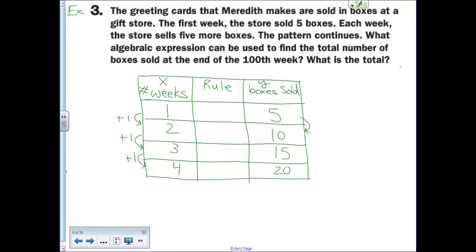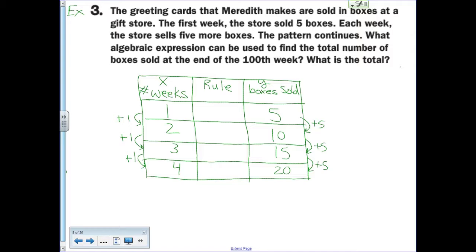The Y column, they're going up by a different amount. Well, since they're selling 5 boxes each week, it's easy to see that they're going up by 5. This is the pattern, okay? This is what we are adding to each new term in our arithmetic sequence. This is not the rule. Adding 5 is not the rule.